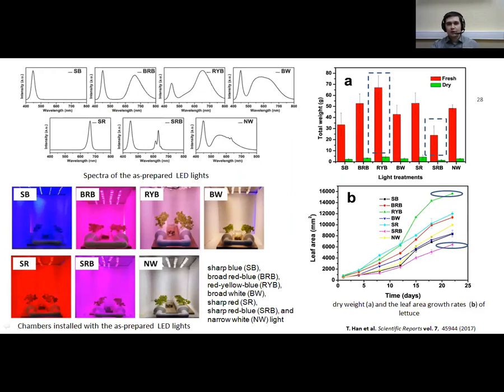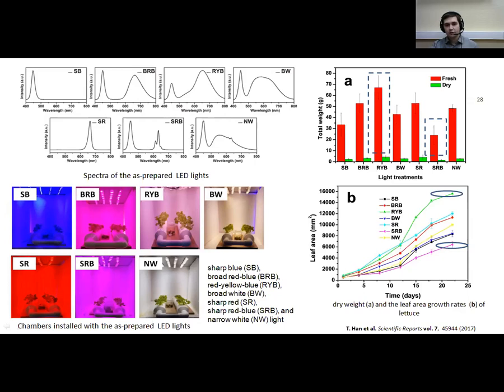In light of color rendering for humans, suitable light for the growth of plants was defined as light with good color rendering. To verify the hypothesis, LED lights with various colors were fabricated by combining a blue chip and complex phosphor. This approach was used not only for this but also for other plants, because you can see there is a little bit of difference, but in general we have some effects.